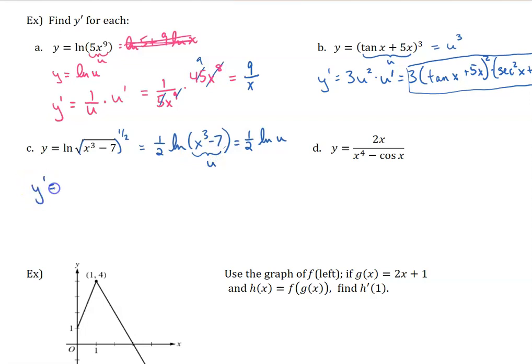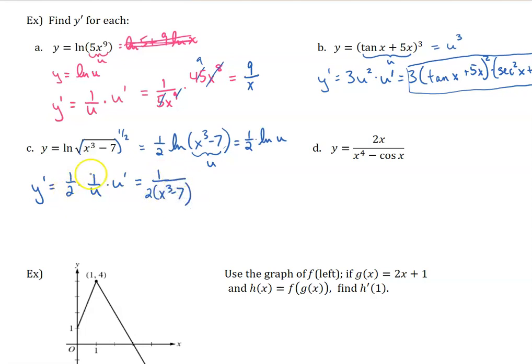So y prime becomes 1/2 times 1 over u. I'm taking the derivative of 1/2 natural log u. 1/2 is just a coefficient, and then times u prime. Okay, putting this back in terms of x, we get 1 over 2 times the quantity x cubed minus 7.